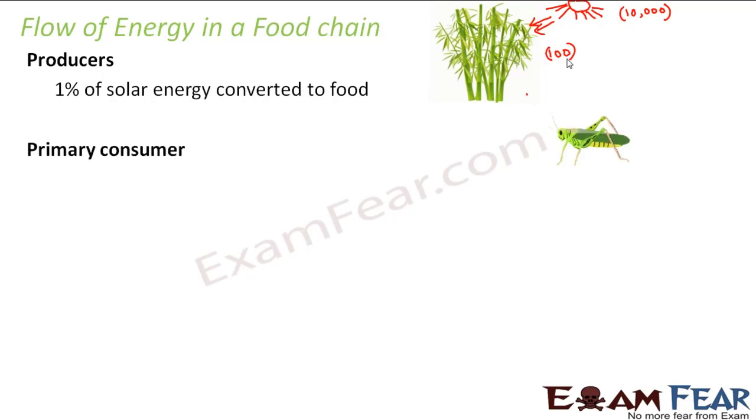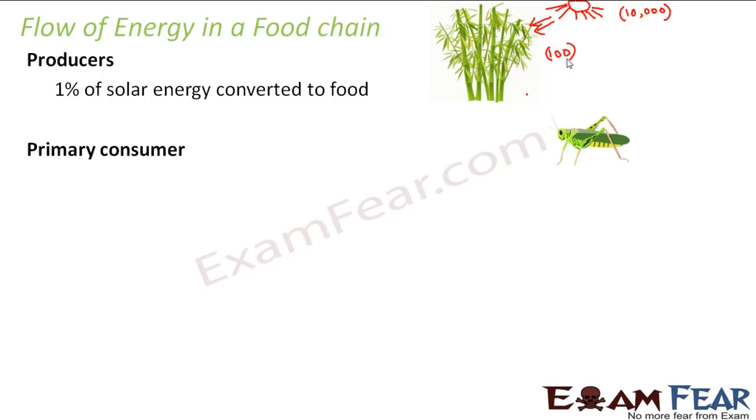Now what do you think would happen when the primary consumer feeds on this plant? Who is a primary consumer? This is nothing but a herbivore, an animal which directly feeds on plants. So when this grasshopper eats this plant, do you think that this entire 100 units of energy will come to the grasshopper?